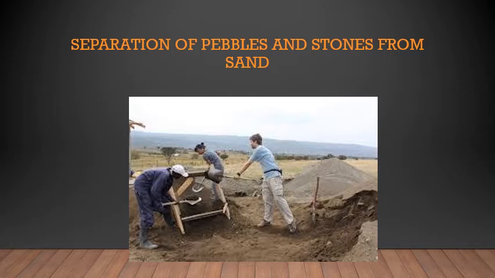At that time all the fine sand will fall down and the other impurities like the pebbles and stones will be separated. Good quality sand is required for buildings and constructions. So that's why, using the sieving process, they separate the stones and pebbles from the sand.